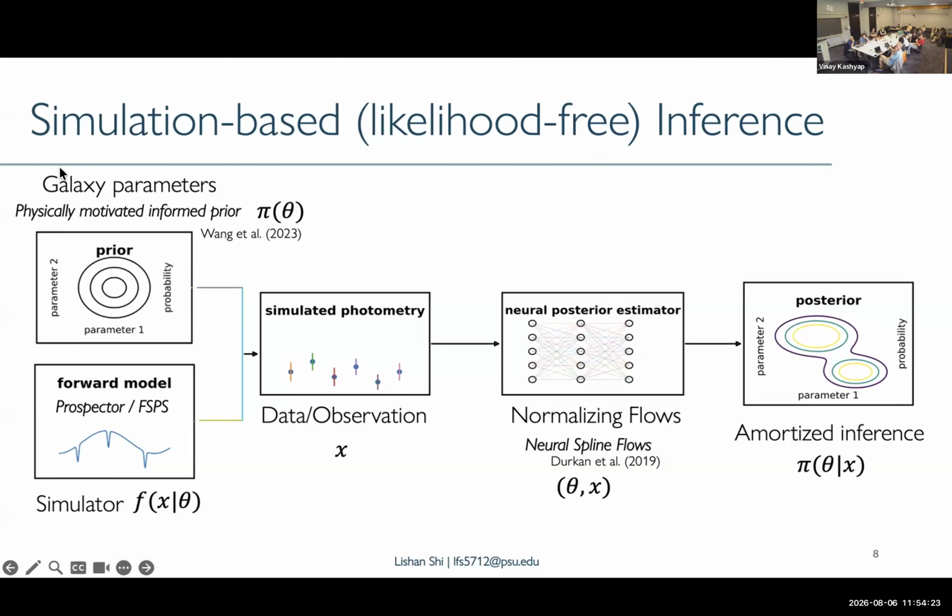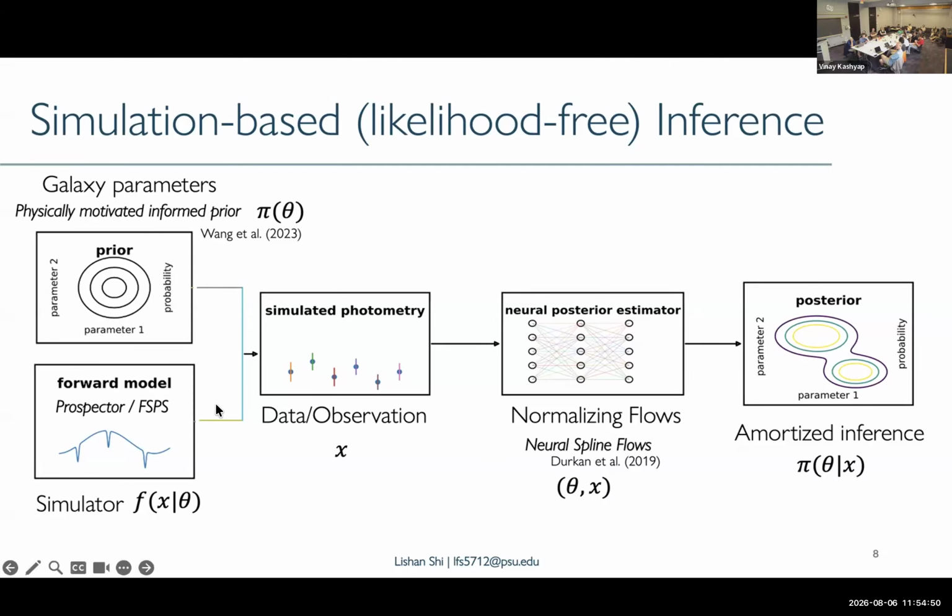We need two things. The first is parameters, and here our prior is the physically motivated informed prior developed by Bingjie Wang, I think 3 years ago. We also call this the Prospector-beta prior, and it is driven by the correlation between redshift, stellar mass, and star formation history parameters.